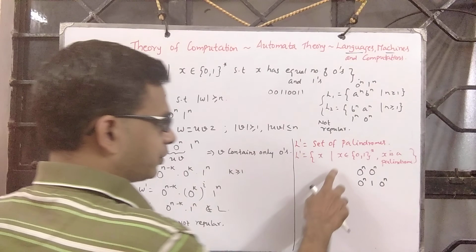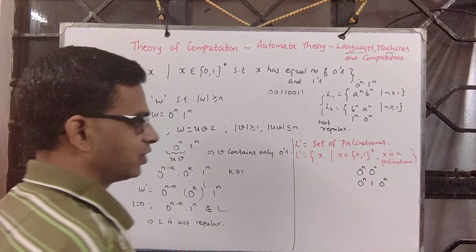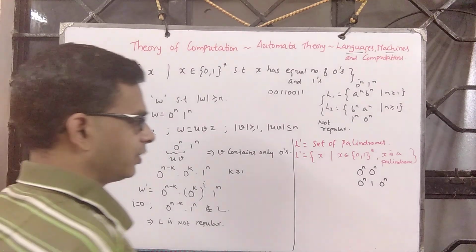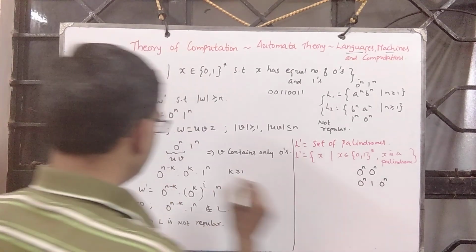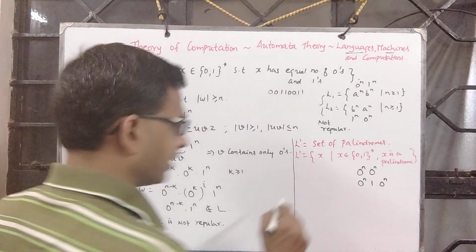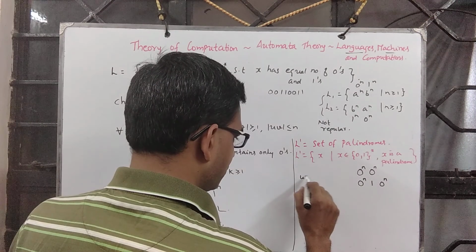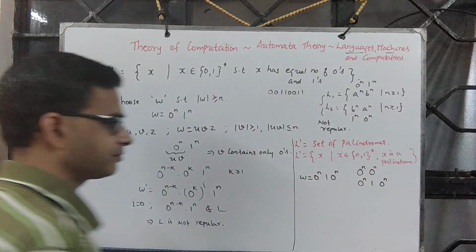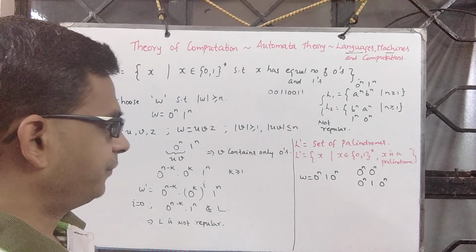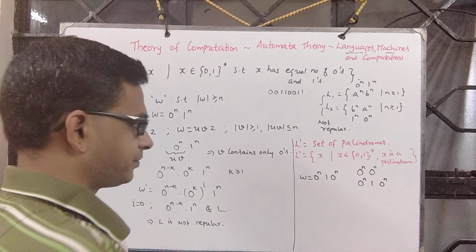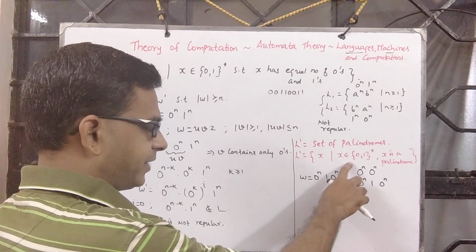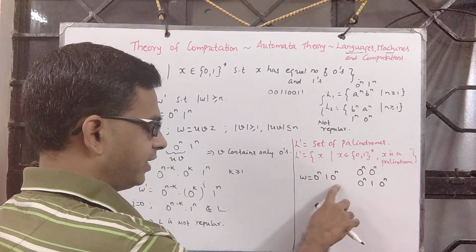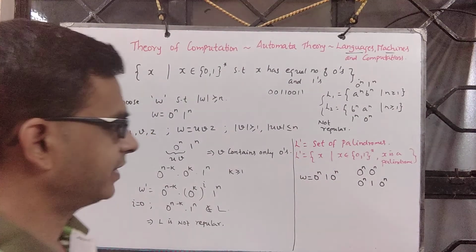So now we want to show that this one is not regular. We have to choose an appropriate string. That's where the challenge lies. Let me choose my w to be 0 power n, 1, 0 power n. It is certainly part of this because it's a palindrome.